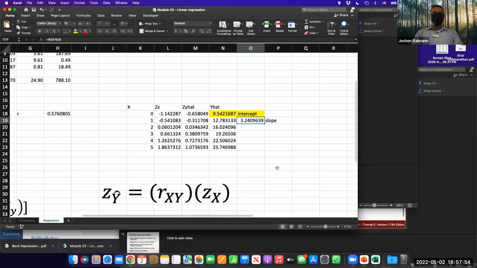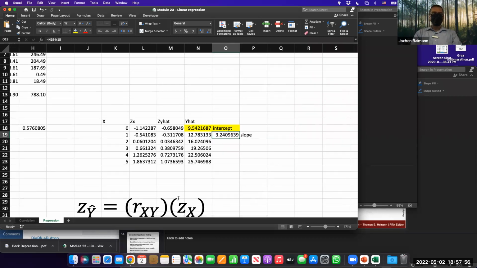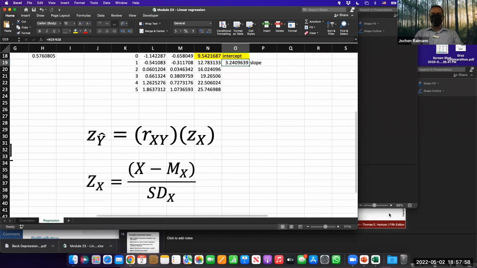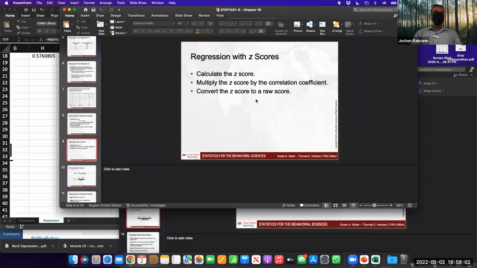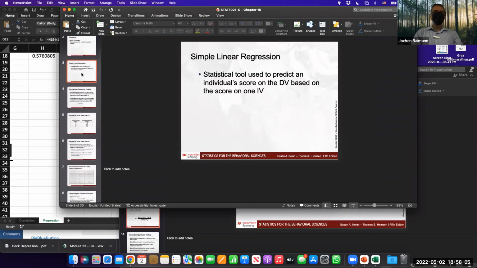And this being said, we can now use this to express our equation, which is now essentially, what is it?